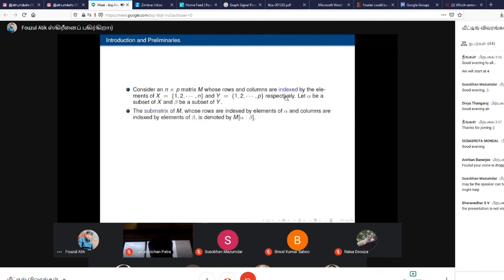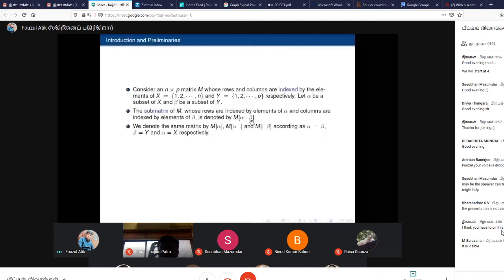The rows of the matrix are indexed by the elements alpha and the columns by beta. So M of alpha, beta is a submatrix of M whose rows are indexed by alpha and whose columns are indexed by beta.